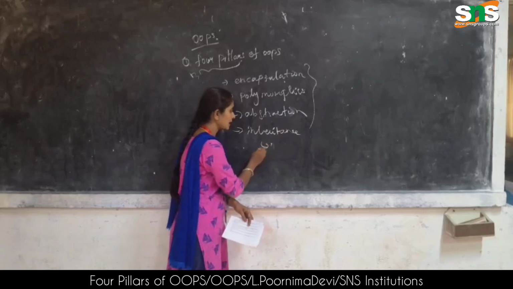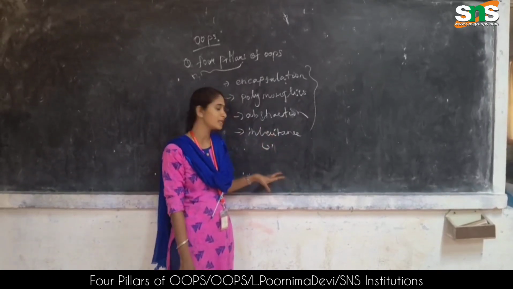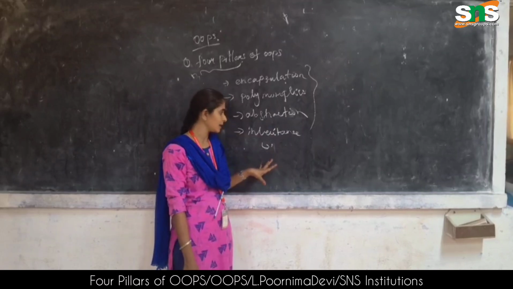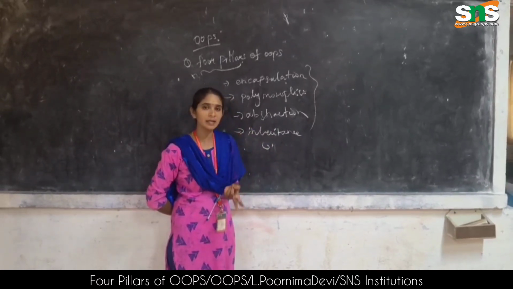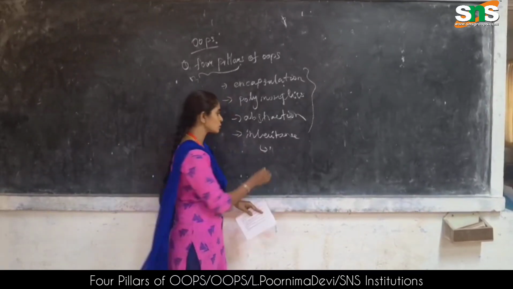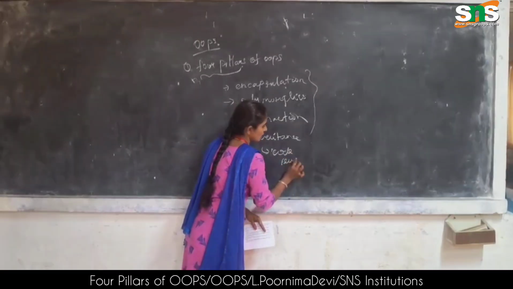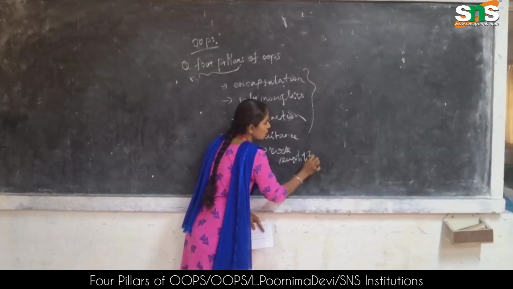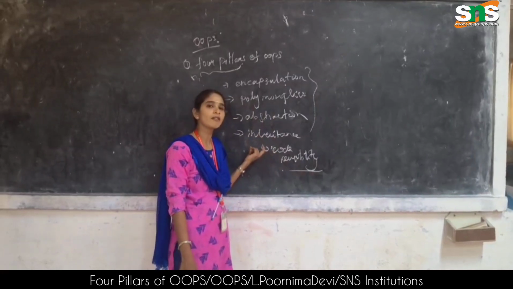Take inheritance, whose features we have already seen. In inheritance we use either single inheritance, multiple inheritance, or hierarchical inheritance. These are mainly used for code reusability. This is one of the pillars of our OOPS.